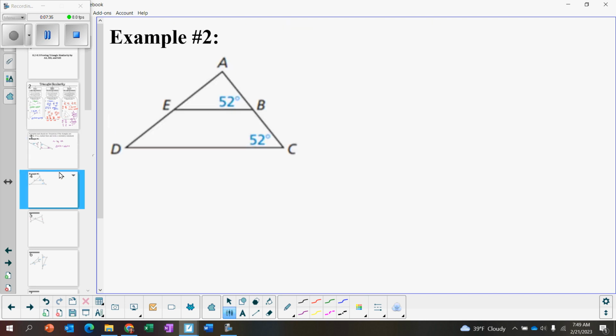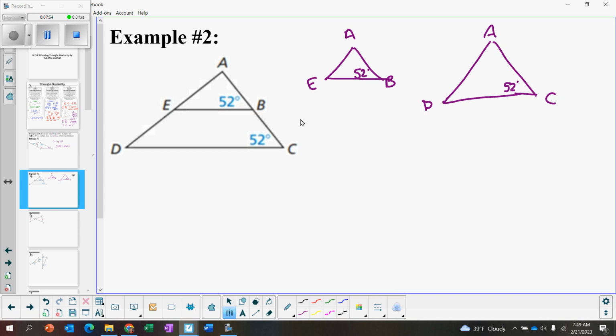All right, next example. I have two separate triangles. So like I said before, anytime I have overlapping triangles, I'm going to redraw them. And anytime the triangles overlap like this, we're going to have this top angle in common.